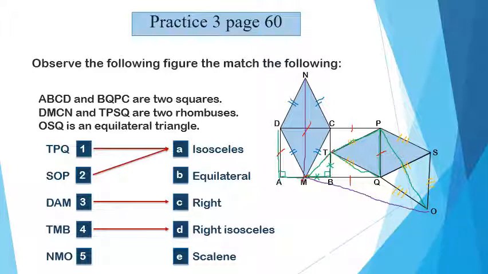Okay, NMO. Do we have any information about these sides? No information is given about NM, MO, and NO, and definitely they are not equal. So the triangle that has three sides of different lengths is called a scalene triangle.